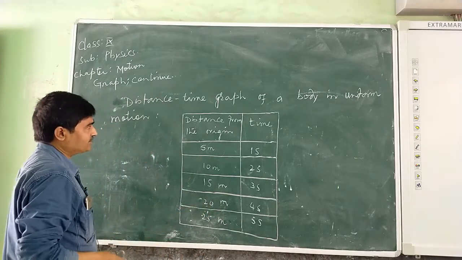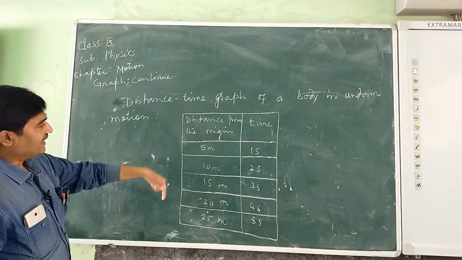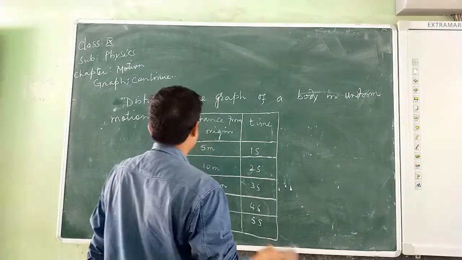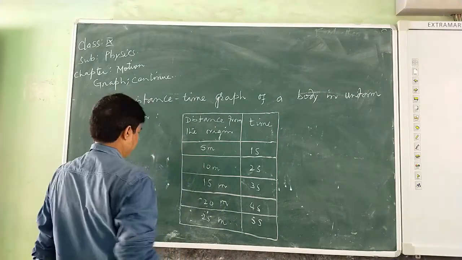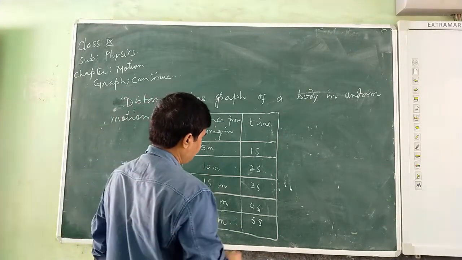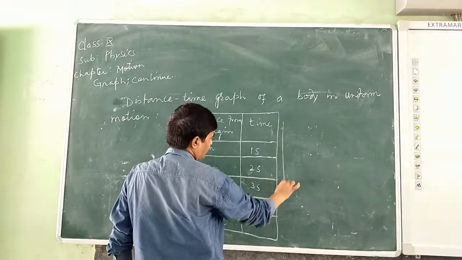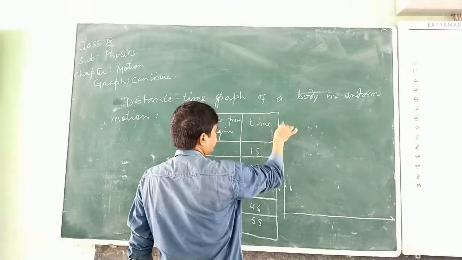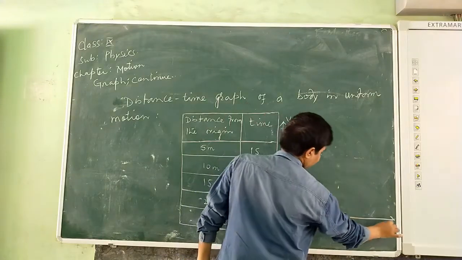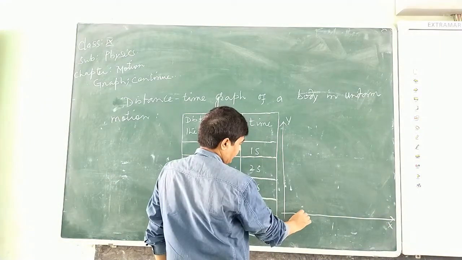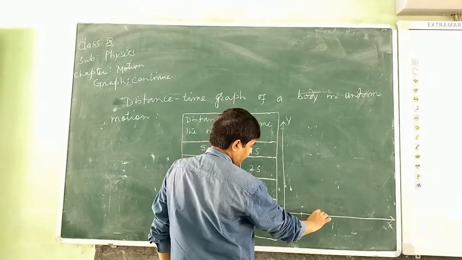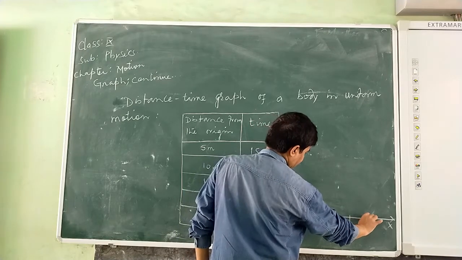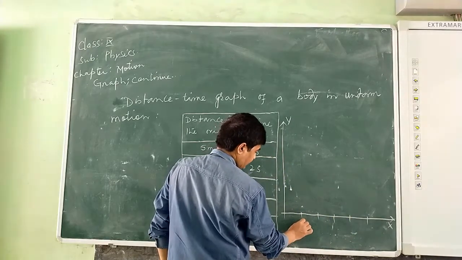It will become more clear when these are taken on a graph. So we will draw a graph representing this situation. X-axis, Y-axis. At equal distances, 5 points are taken, marking 1, 2, 3, 4, 5.